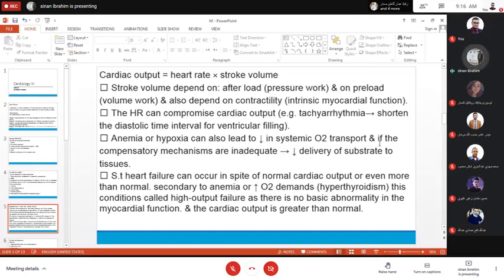And sometimes heart failure can occur in spite of a normal cardiac output, or even more than normal, secondary to anemia or increased oxygen demand, like in cases of hyperthyroidism.